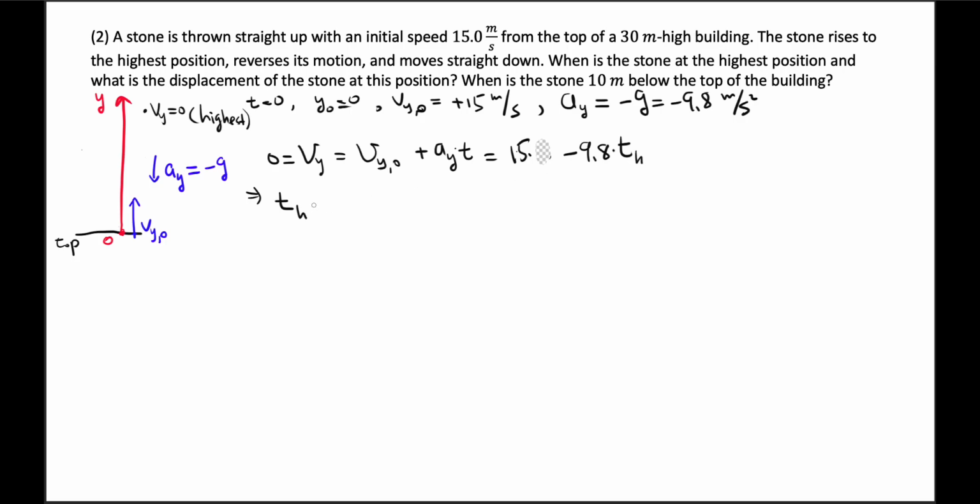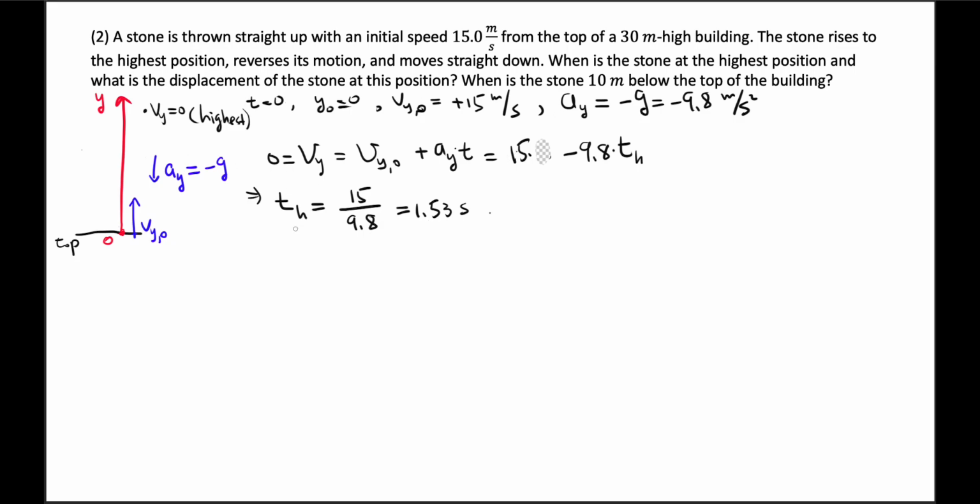The highest point instant is given by 15 divided by 9.8, which equals 1.53 seconds. So at that instant, the object is at the highest point.